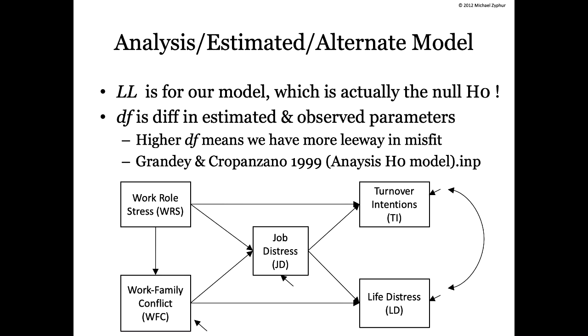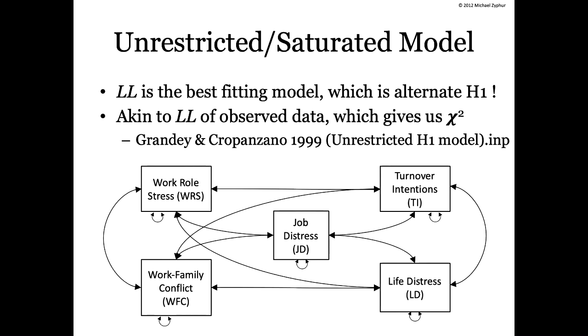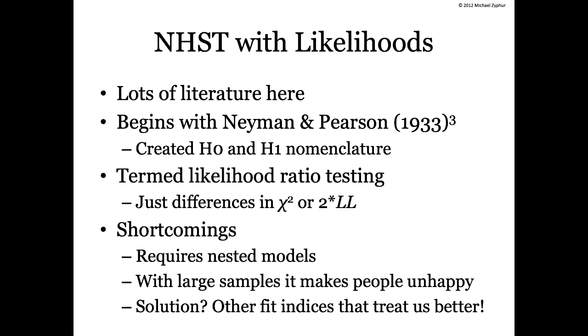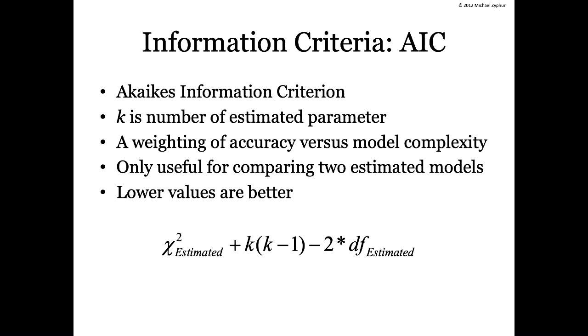What if there's an observed relationship between those two variables that cannot be explained by the other part of the model? That's going to cause misfit. So what this mod indices command in Mplus will do is it'll tell you how much better fit will be if you estimate something that you're not currently estimating. And it'll give you a bunch of different options quite often, and you can modify the way that it does that, but the option is there.